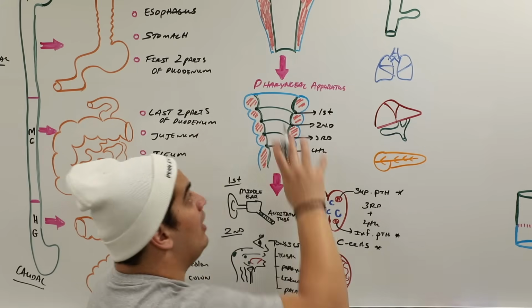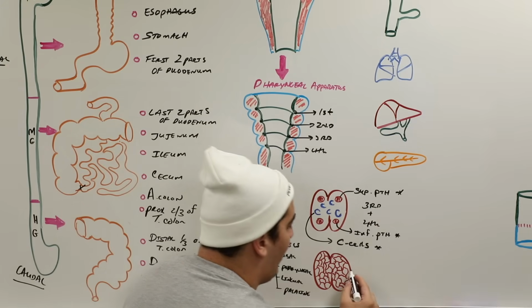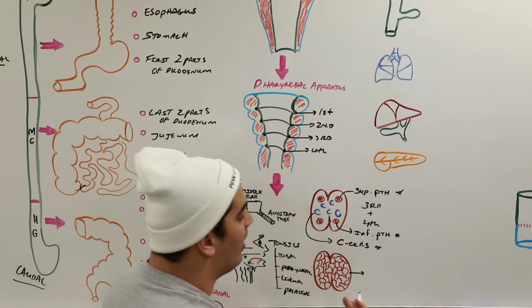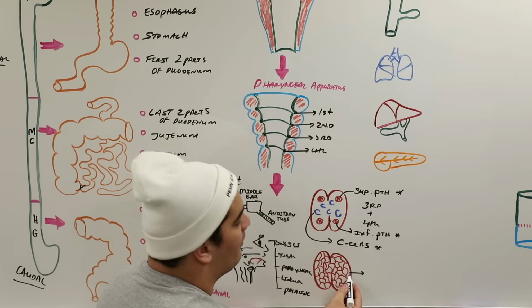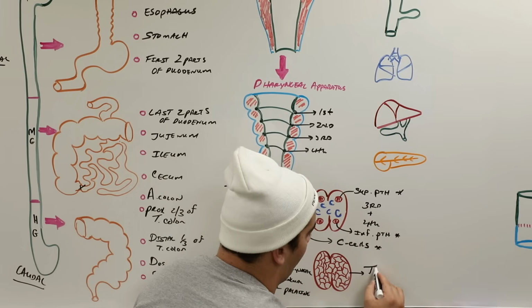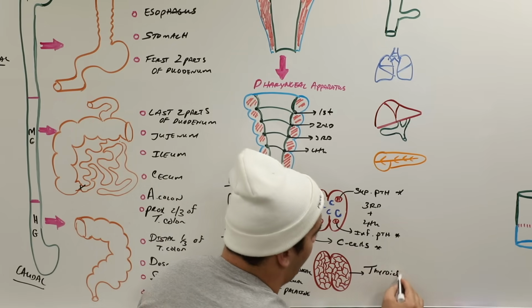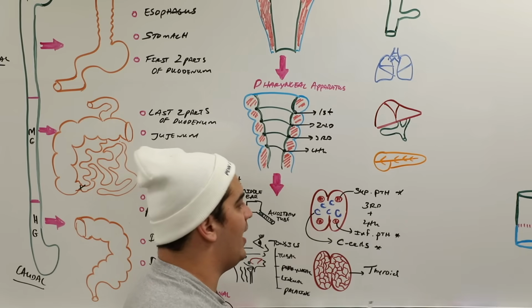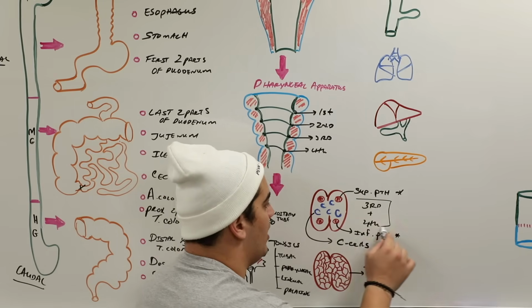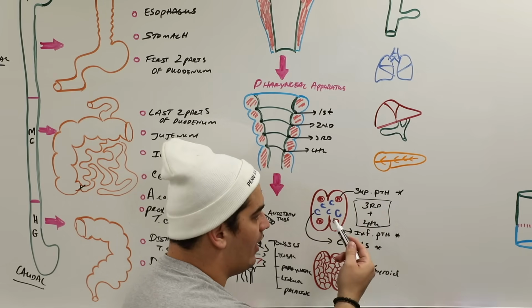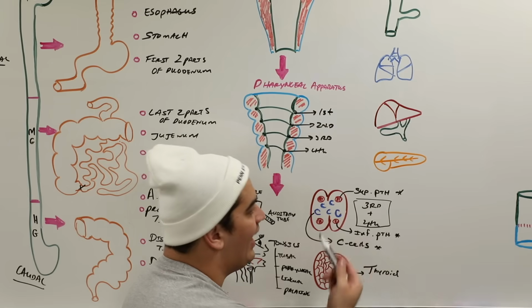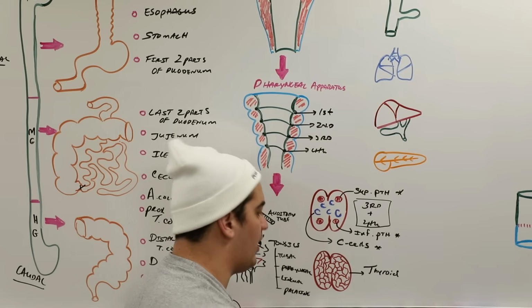And also, from the primitive pharynx, you have this bud that comes off of it, and this is going to make your thyroid. Okay? So just to remind you, the third and fourth pharyngeal pouches are going to give way to your superior parathyroid, your inferior parathyroid, and your C cells, your parafollicular cells.